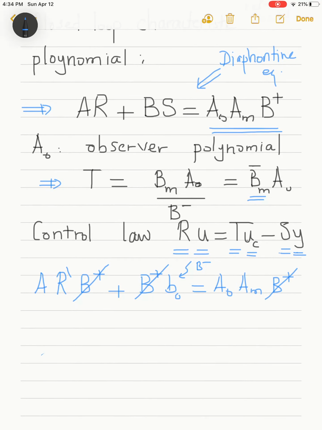Then I will multiply both sides of the equation by y of t. So if I do that, I will get A R dash y of t plus B naught S y of t equal to A naught Am y of t.